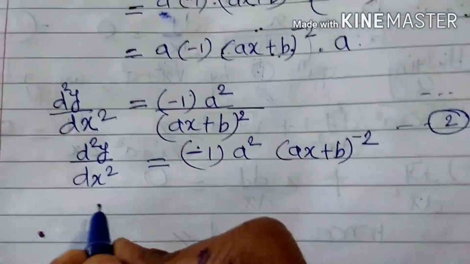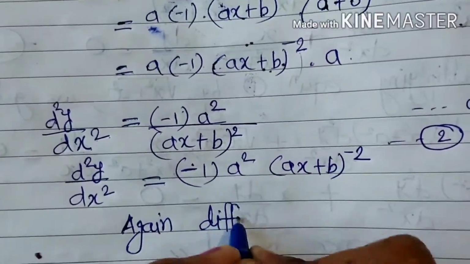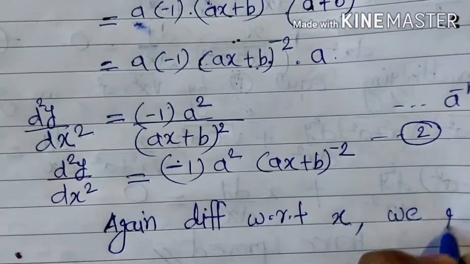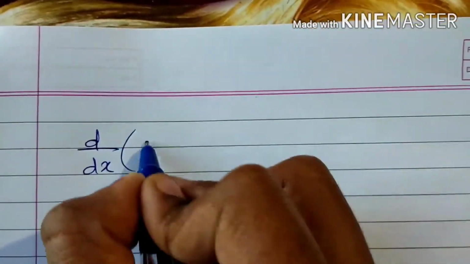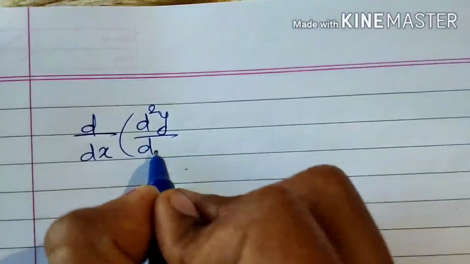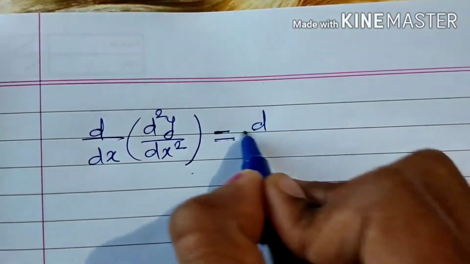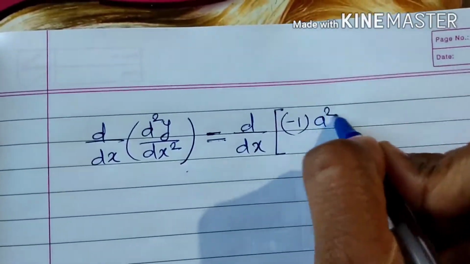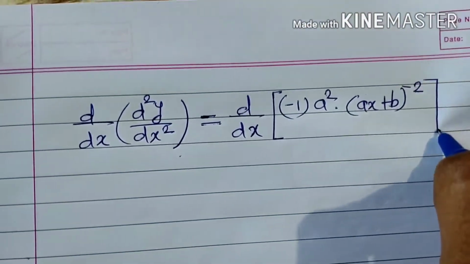So again differentiate with respect to x. Again differentiate with respect to x, we get d by dx of d2y upon dx square, which is equal to d by dx of minus 1 into a square into ax plus b raised to minus 2.